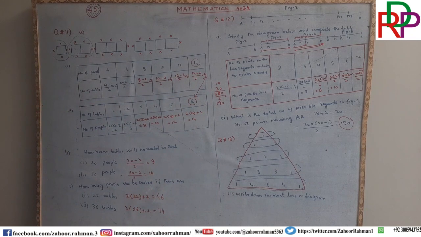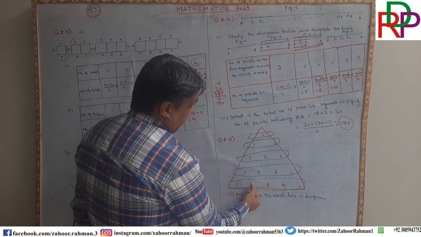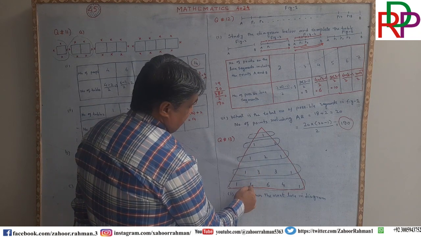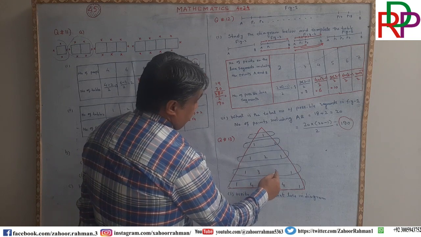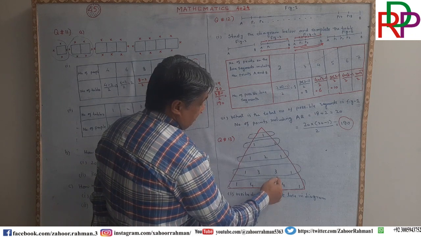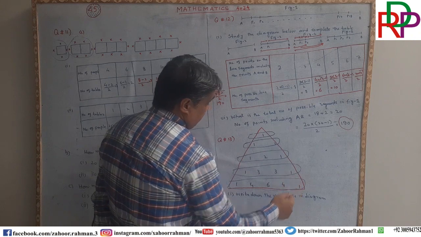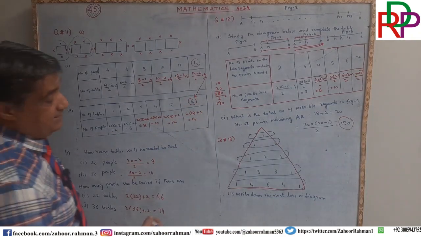This is the sequence. Now here, 1 and 3 added will give you 4. 3 and 3 when added give you 6. 3 and 1 will give you 4, and this 1 you have to write. The question is asking to write the next line.